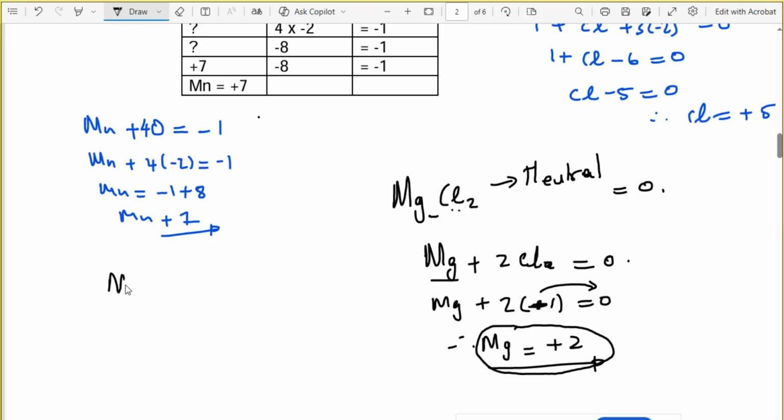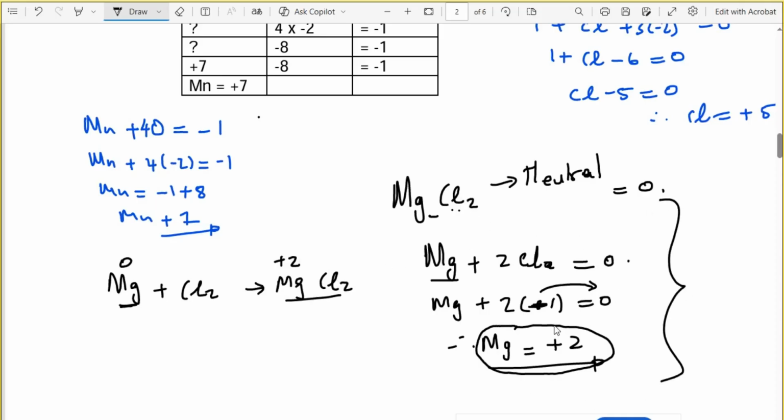But if I write it like this, magnesium plus Cl2 forms MgCl2, this tells you that on the reactants, the oxidation number of Mg, since it's standing on its own, is 0. But on this side, it's a combined element, so it will be +2 because it's in group 2. If you don't know which group, this is the method you can use to calculate the oxidation number of Mg. You understand?